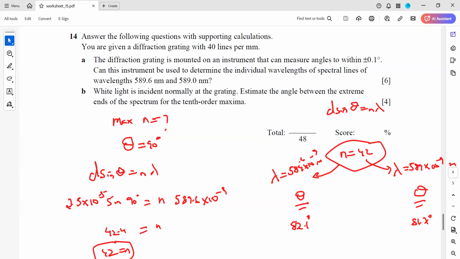So when the 42nd maximum is there, the maximas will be different at different positions. One will be around 82 and another one will be around 81.7.